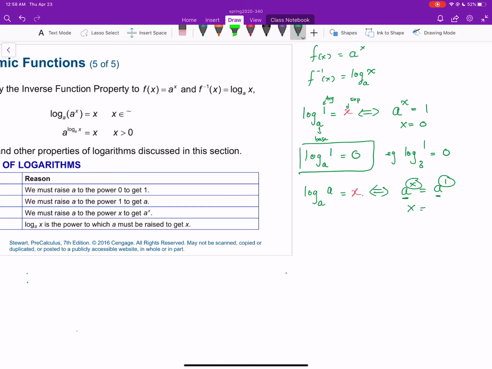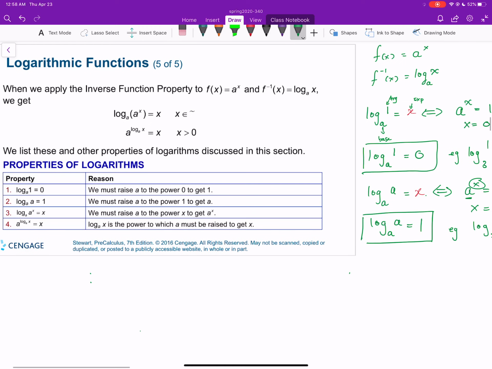So x has to be equal to 1. So we are saying that log a of a is equal to 1. That is a fact that you can carry with you and use anywhere. So for example, if I gave you log 25 of 25, that should be 1.